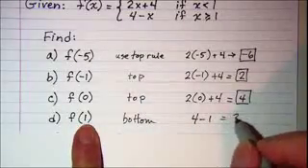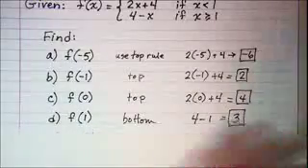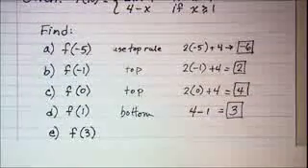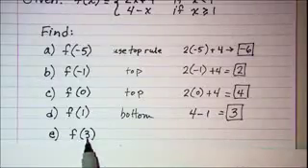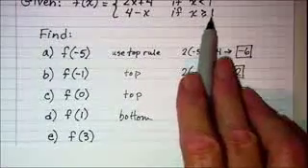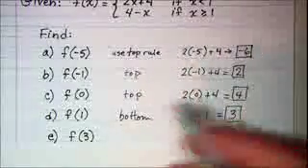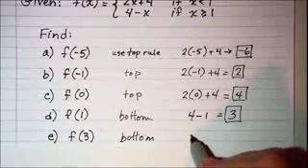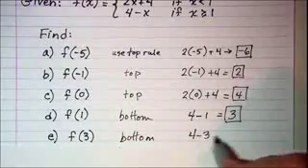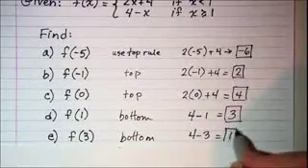So this is 3. And then when x is 3, again, that is still greater than 1. So I'm going to use the bottom rule. And I write 4 subtract 3, and that's 1.